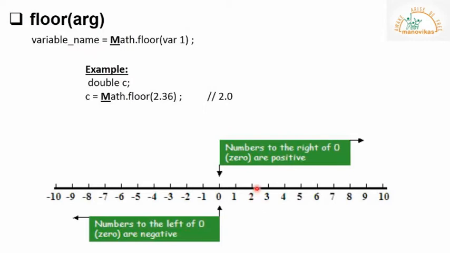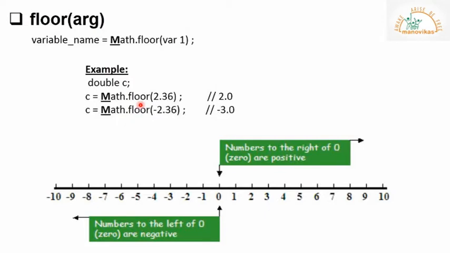Somewhere here will be 2.36. The lower end of this decimal value will be 2. So your result will be 2, and since the return type of this function is double, you will get 2.0 as the result, not 2.